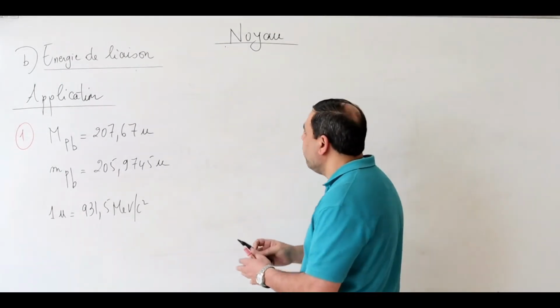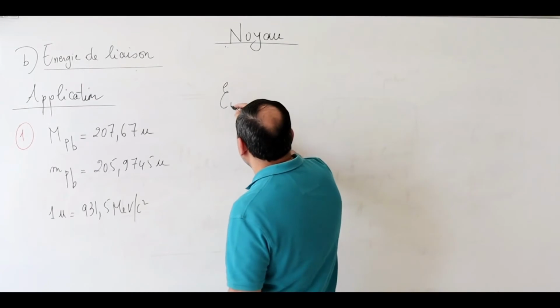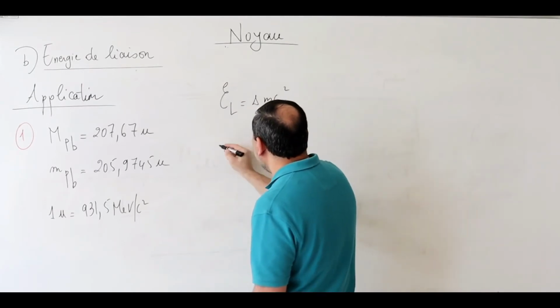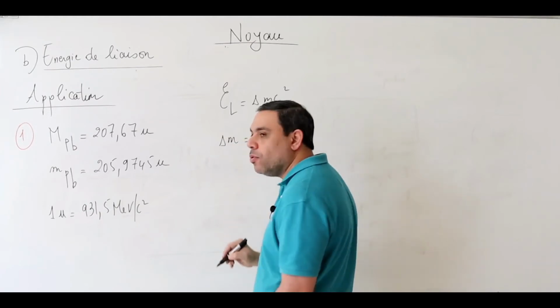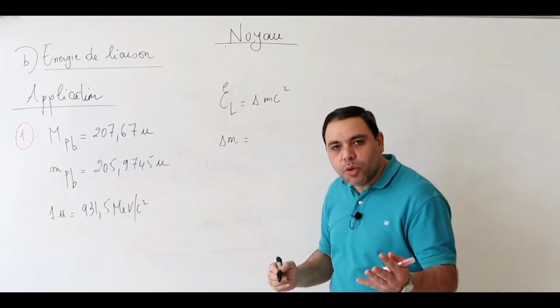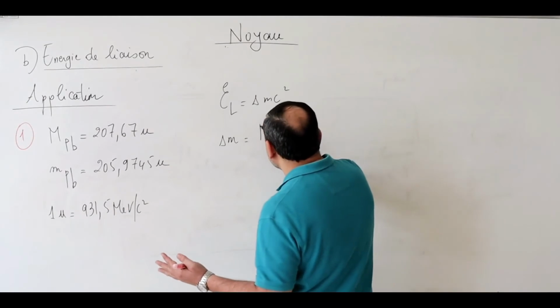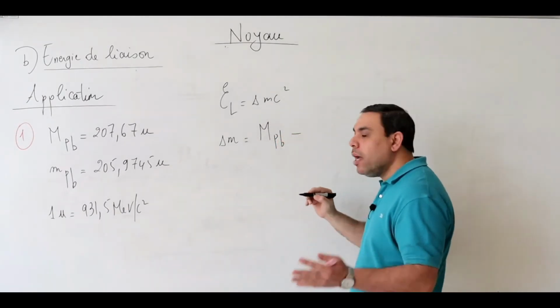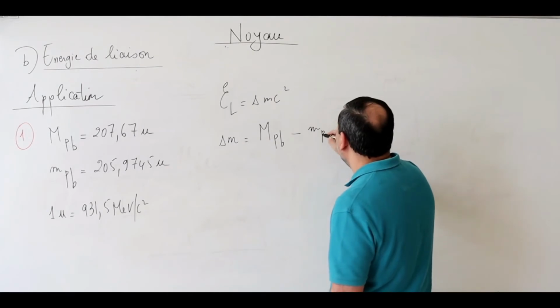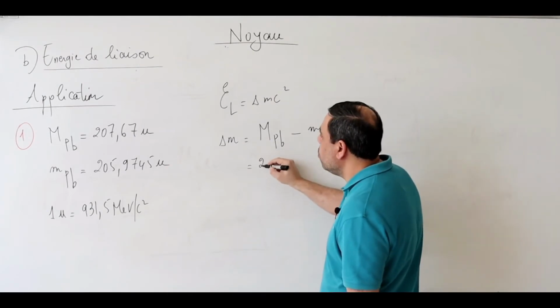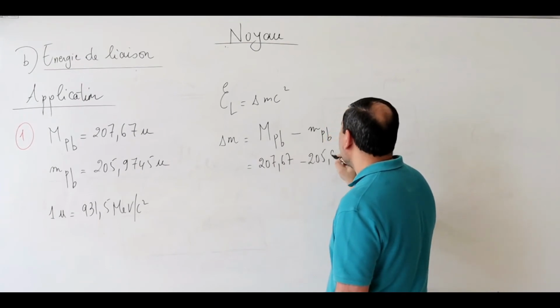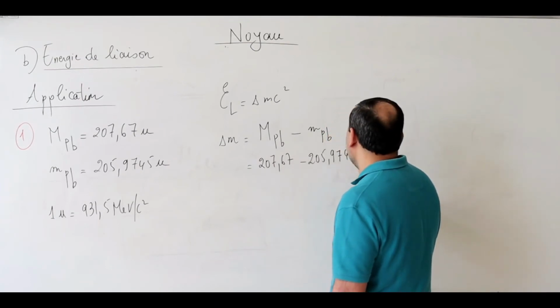So what do we do? We use the formula, the binding energy equals delta m c squared. Delta m is the mass defect of the nucleus. What is the mass defect? It is equal to the mass of the nucleons that constitute the lead nucleus minus the mass of the lead nucleus itself. 207.67 minus 205.9545.